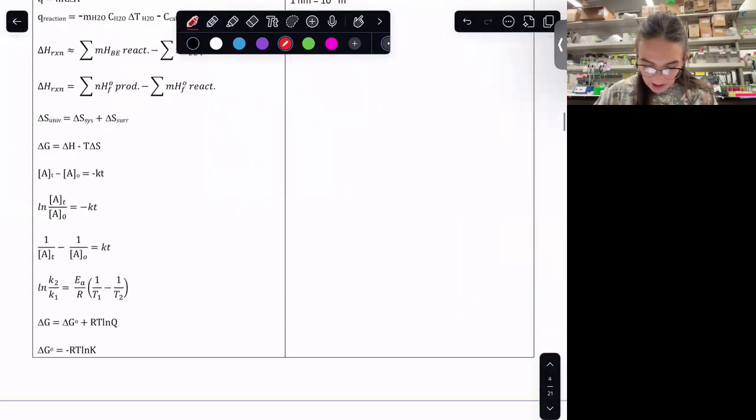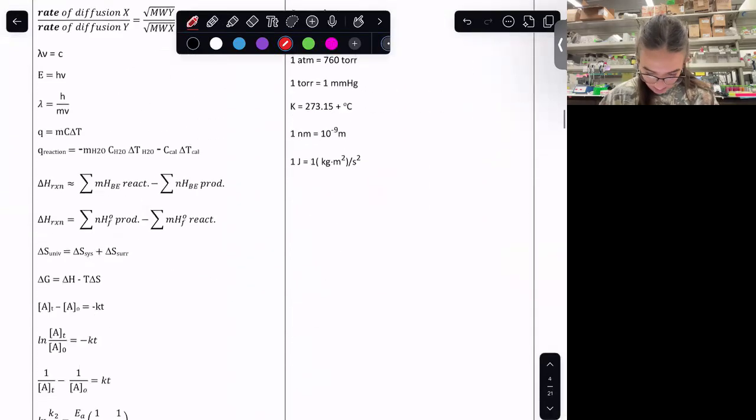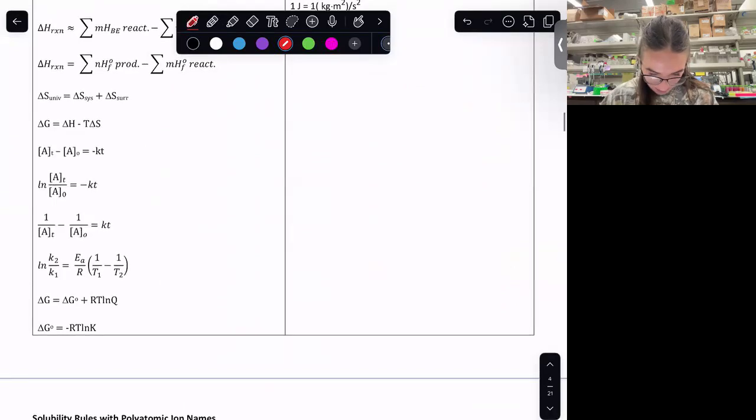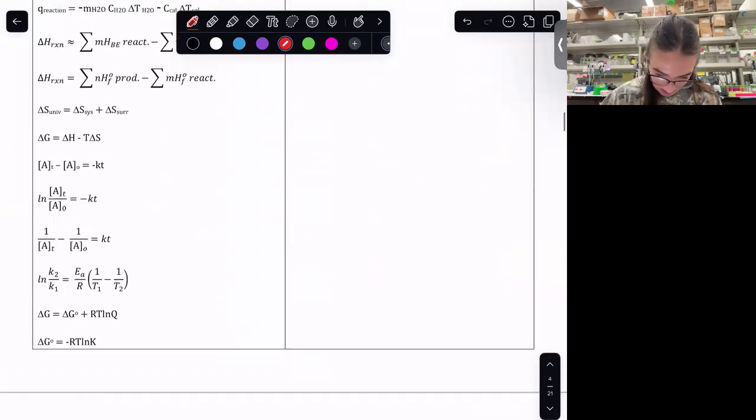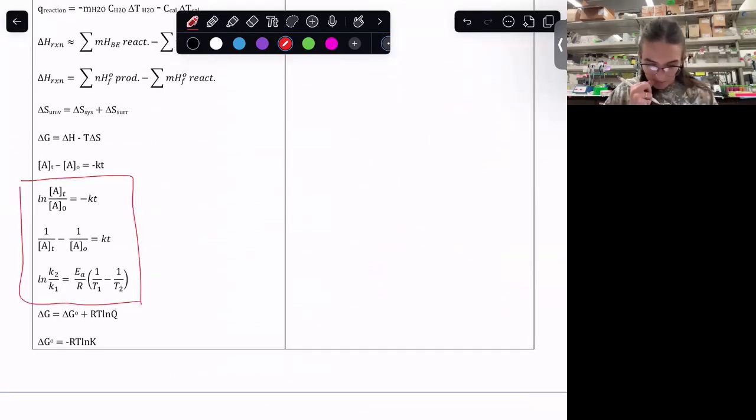So on your formula sheet, you're only given these integrated rate laws. So you do need to know the half-life formulas if you want to use them directly. However, for anything T1/2, you're just looking at 100% versus 50%.